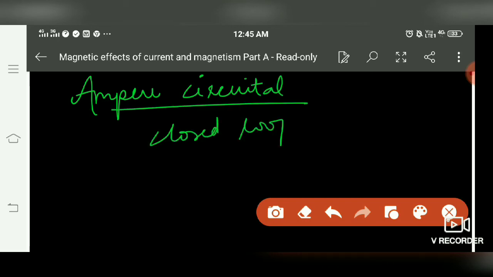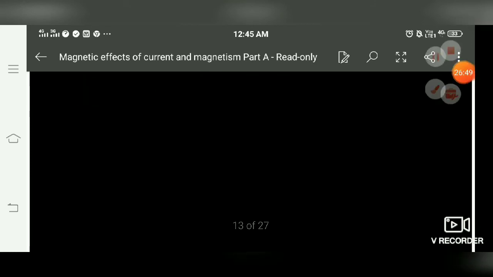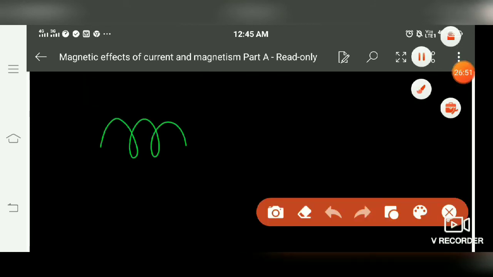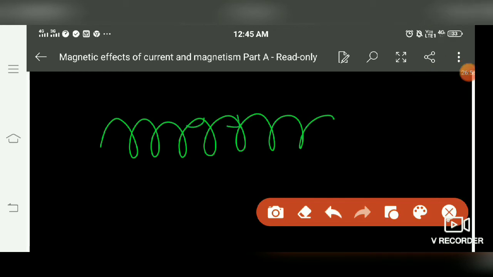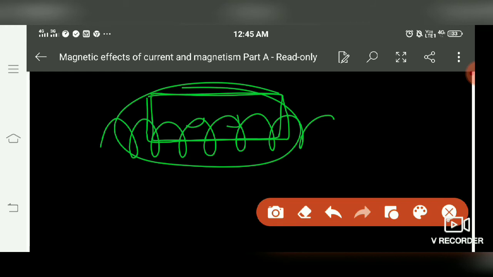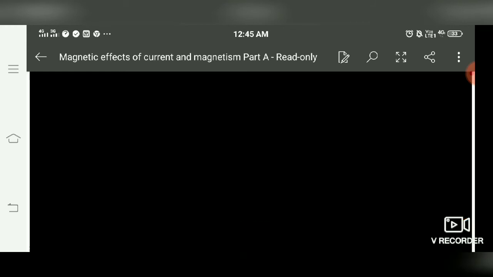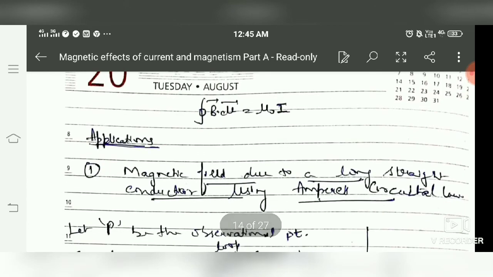Suppose we have a solenoid like this. If current is flowing in this direction in the solenoid, we have to take an Ampere circuital loop. With the help of this loop, we are going to find the magnetic field. So to apply Ampere circuital law, you always have to take a closed loop.